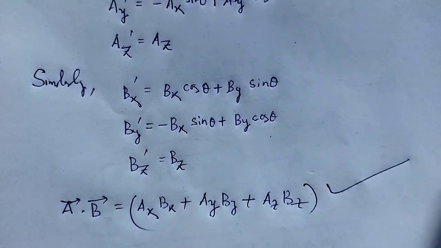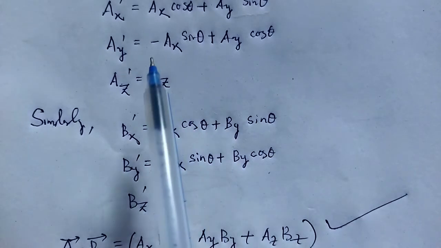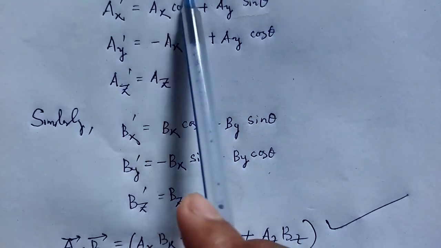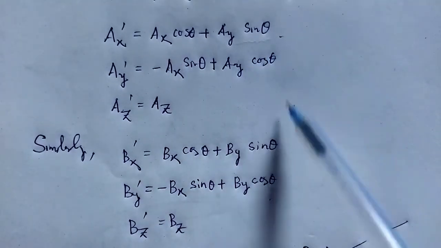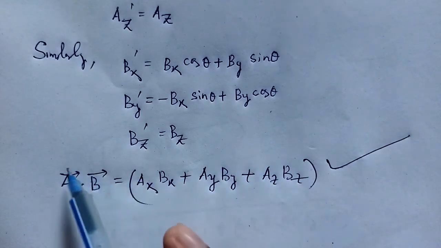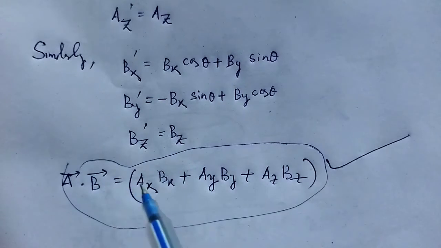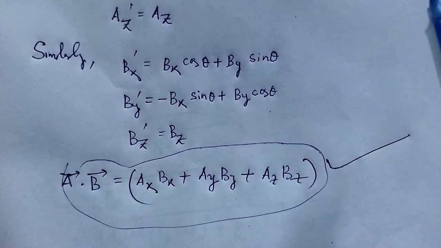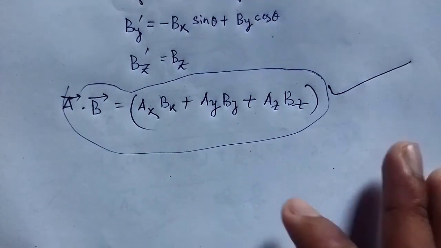So, if we take the dot product of A and B with these transformed results and find A dot B, then we can say the scalar product of two vectors is invariant under rotation. So, let us find out the result.